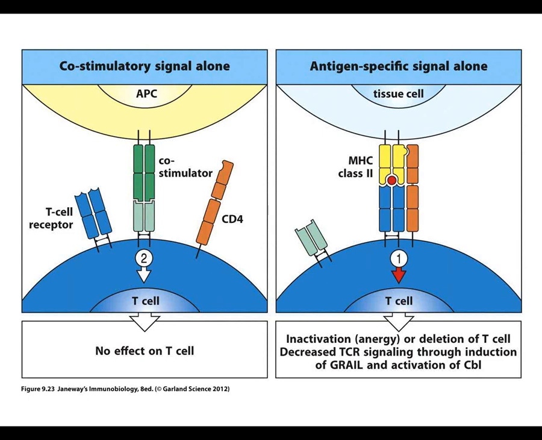So a couple other checkpoints for the T cell include the presence at all of that co-stimulator. Antigen can be presented, but if that antigen-presenting cell hasn't gotten any other signal of inflammation, then it is not going to have all its co-stimulators on the outside.